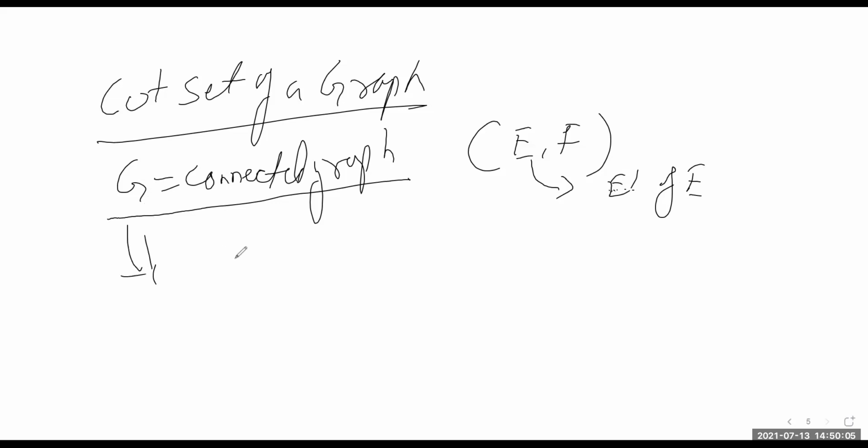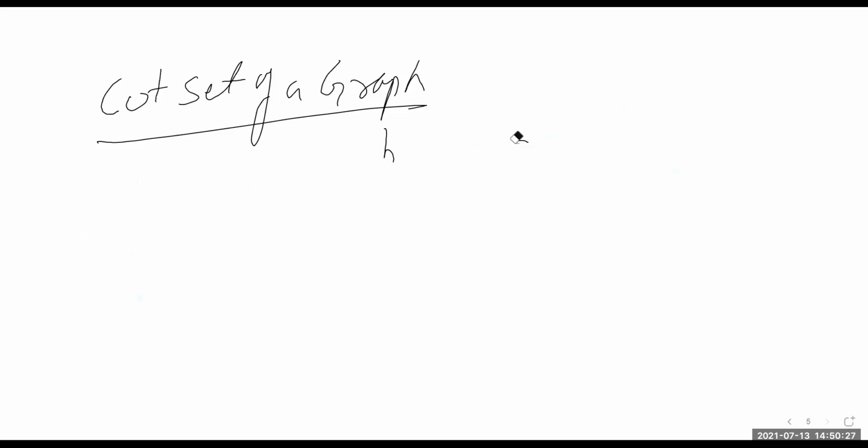So if deleting a certain number of edges from a graph makes it disconnected, then those deleted edges are called the cut set of a graph. I will show you with an example to make it clearer.